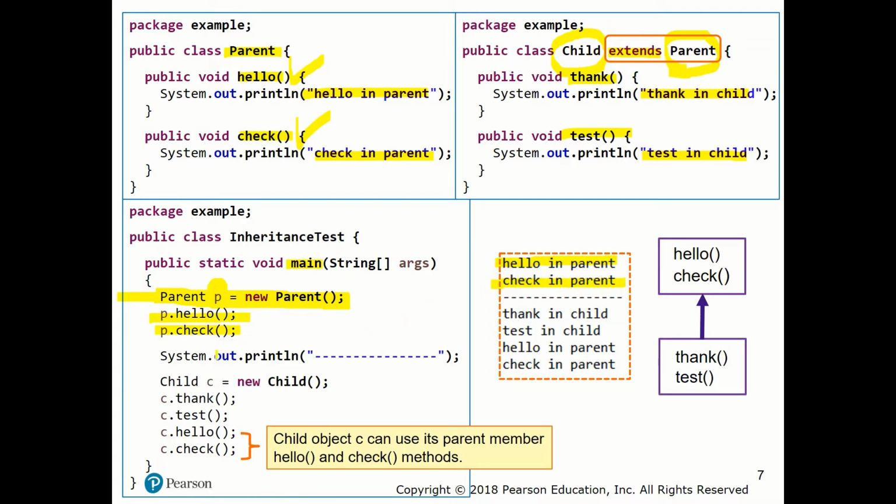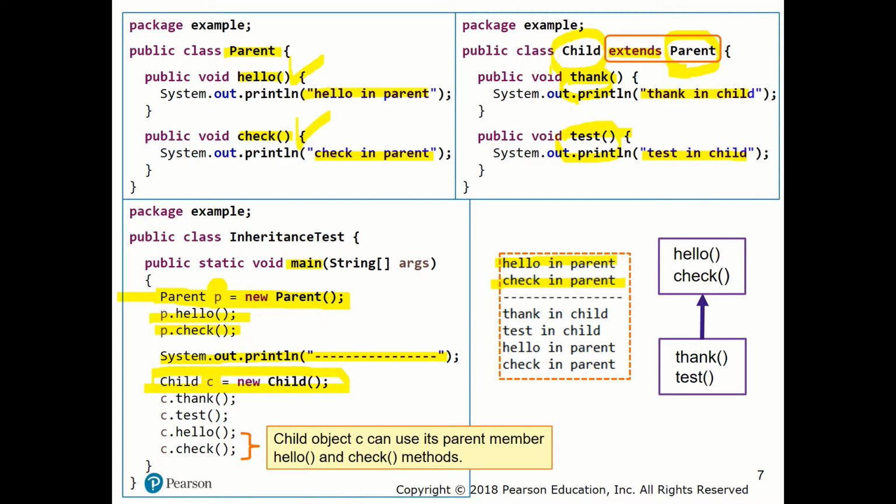Okay? And after printing out this line, the child object is created. Child object c is created. c has think and test, but c inherits from the parent class.